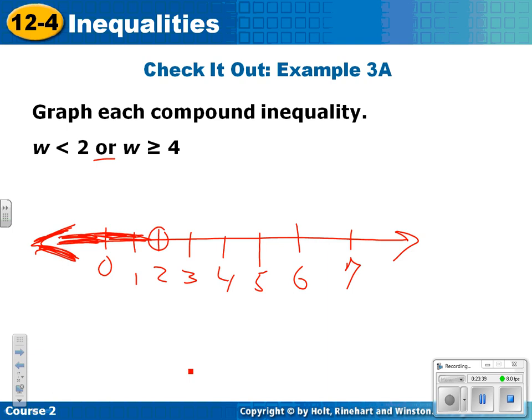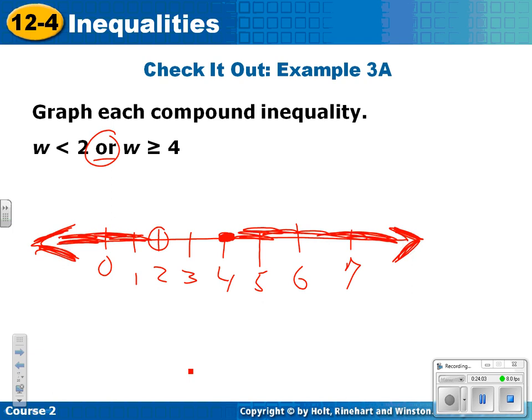Dot or circle at 4? But you didn't do 2 graphs. You know why I didn't? Usually if you see an or, you can just do it on one graph.